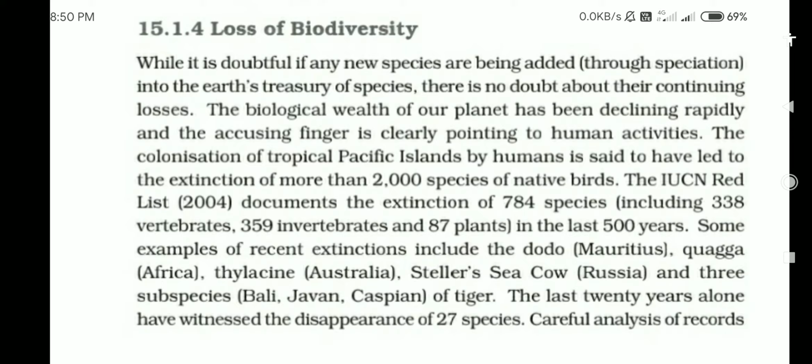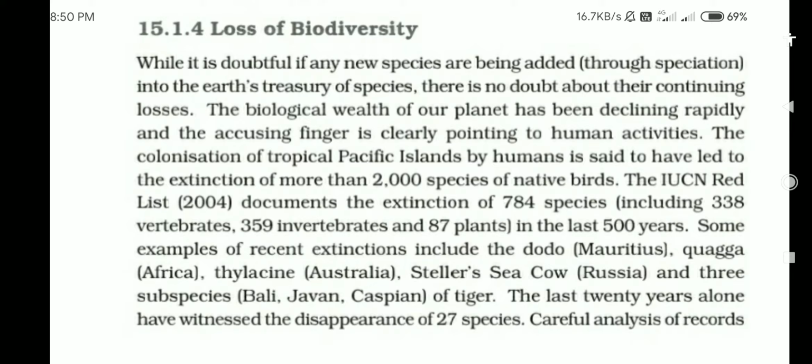So loss of biodiversity means reducing the biodiversity, the elimination or removal of species from the ecosystem, and it is called loss of biodiversity. The loss of biodiversity is increasing rapidly.